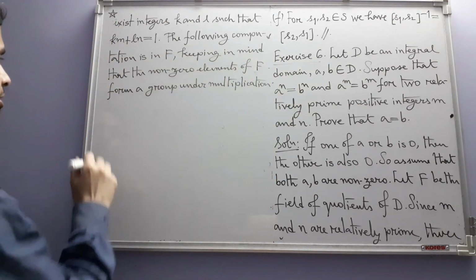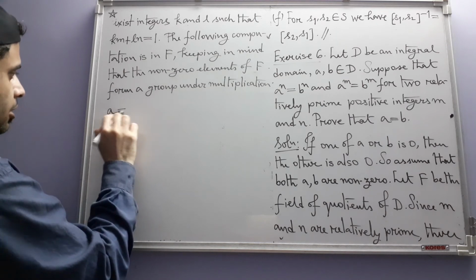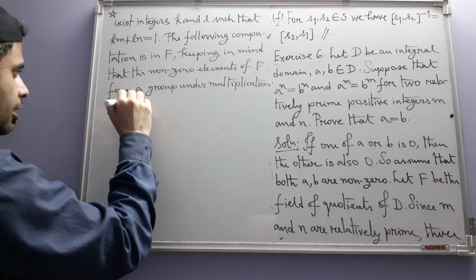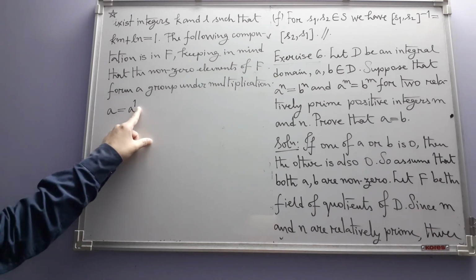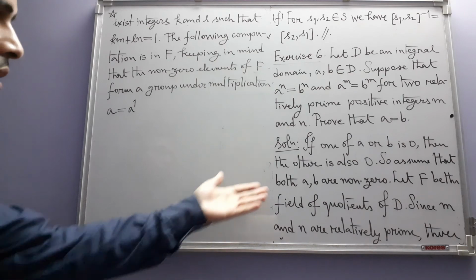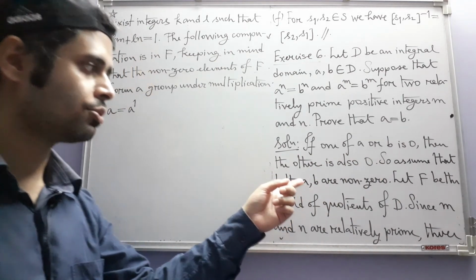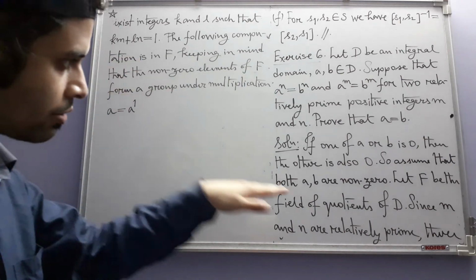And the computation is this: A is equal to A to the power 1, and this, keep in mind, is an integral power of a group element, because now A and B, we have assumed both non-zero, so they belong to the integral domain.